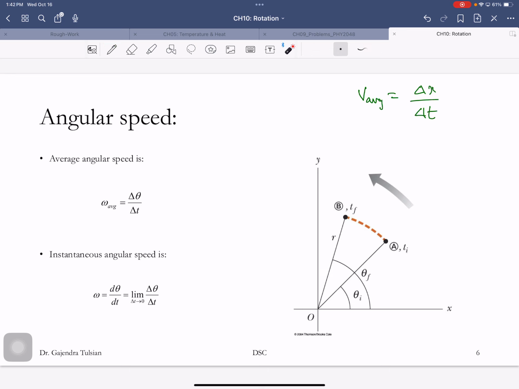Just like that, the average angular velocity, this says angular speed, we'll give you the direction in a second, is angular displacement over time. This is omega. But what we are really interested in is the limit as delta t goes to 0. So the instantaneous angular velocity is given by d theta by dt. Omega is d theta by dt.